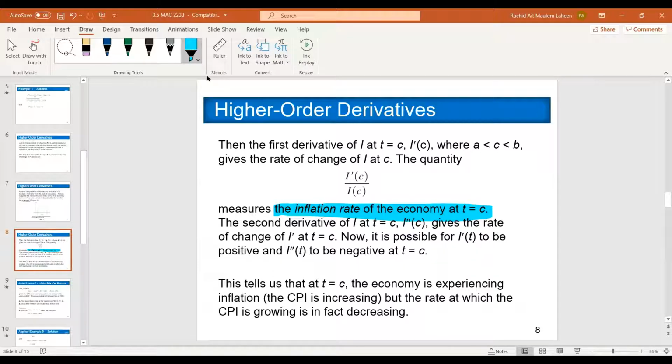So this tells us at a year t, the economy is experiencing inflation, but the rate at which CPI is growing is in fact decreasing. I will explain this a little more when I give you a simple chart to think about I prime and I double prime, and how the inflation changes. Let's wait for the example until this gets clearer, because without the graphs it's sometimes harder to see.